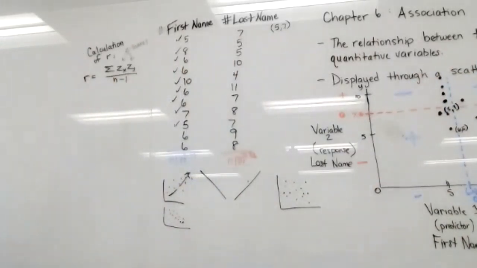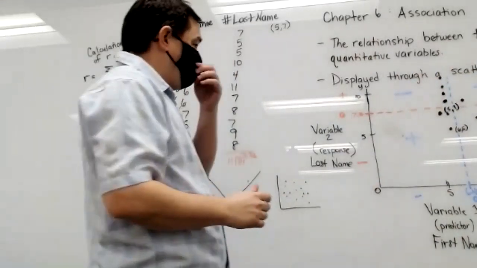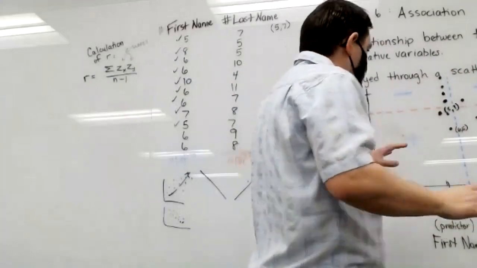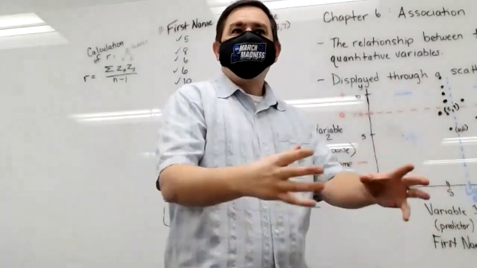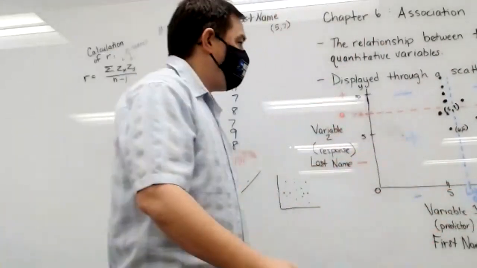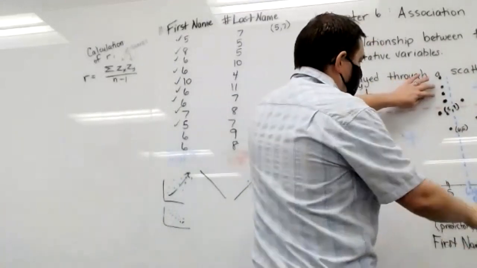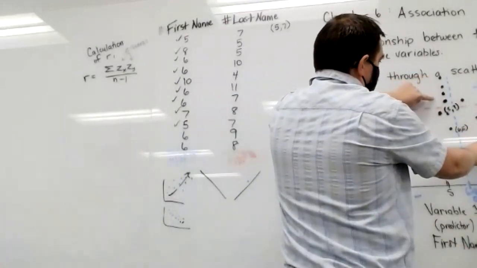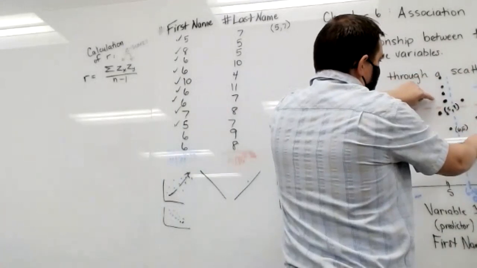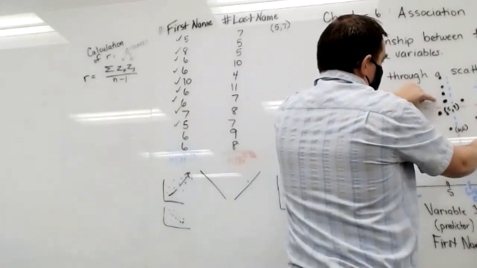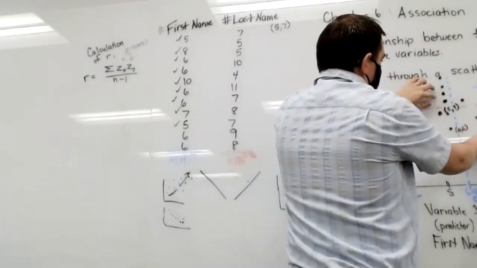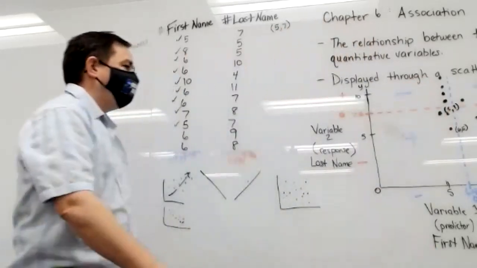And realistically, you can think of this in terms of how many dots are in each quadrant, which quadrant is overwhelming the other quadrants. We have a few more dots whose products are going to end up being negative than what we might get with the positive.